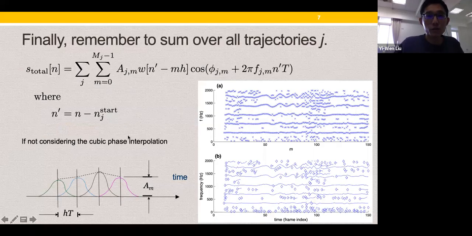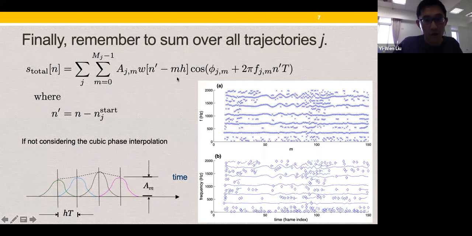And finally, once you have all the trajectories, please do take care of summing all of them. Each trajectory would synthesize a signal like this. If we don't do the bonus part, that's perfectly fine. We still consider the 50% overlap window method.